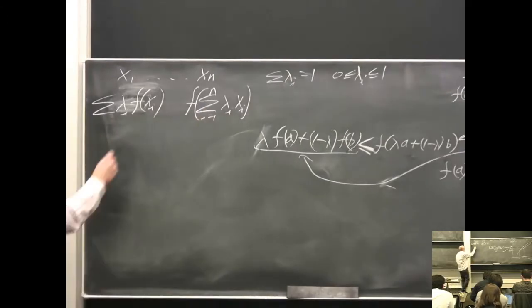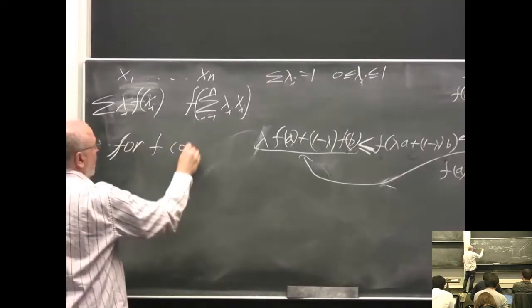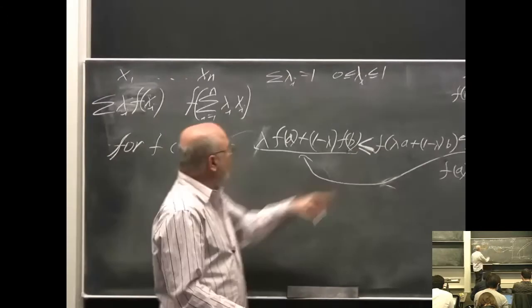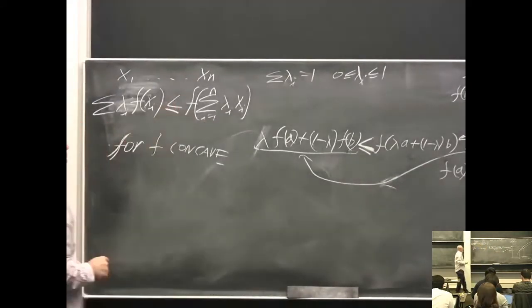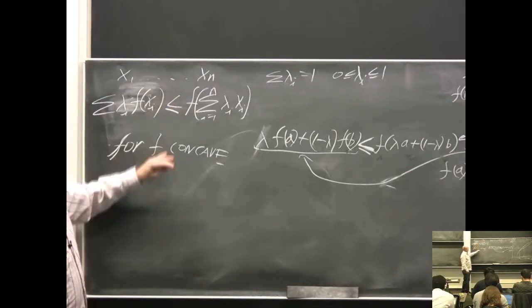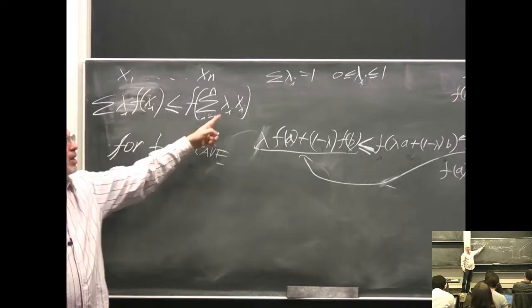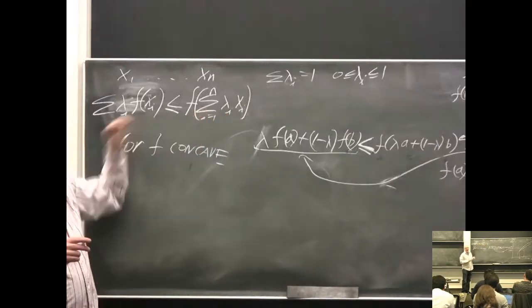And for f concave, I know the relationship is going to be like this. And again, except for the extreme cases, this inequality is going to be strict. If the function is strictly concave, except for the extreme cases where all the lambdas are 0 except one lambda that is 1, it's going to be a strict inequality.